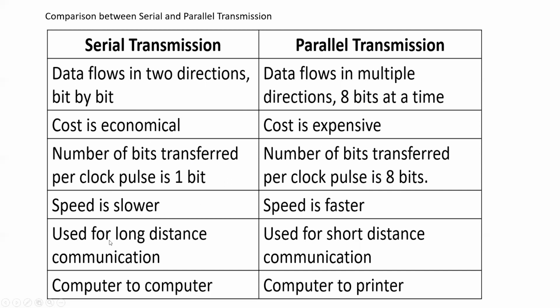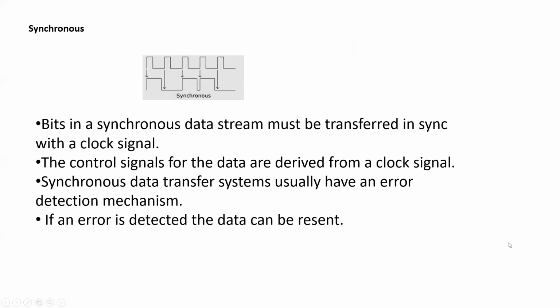Serial is slower, parallel is faster. Serial is used for long distance communication, parallel for short distance communication. Why? Because if the distance is more, we will require more wires, so it will be more expensive. Both are computer to computer.